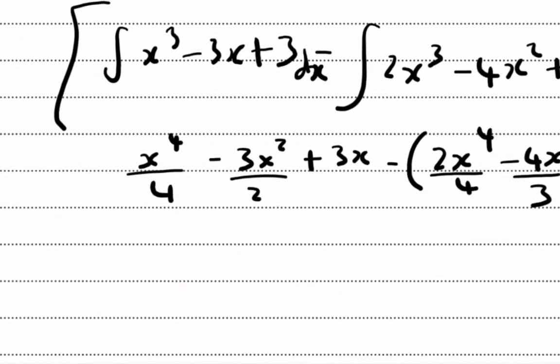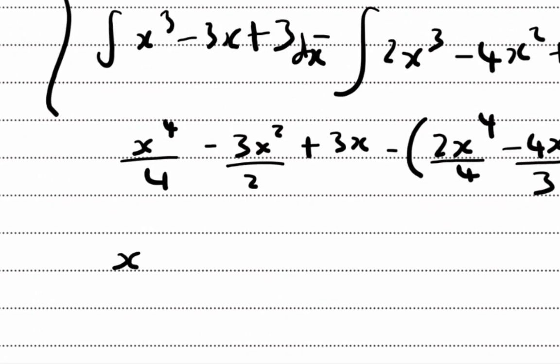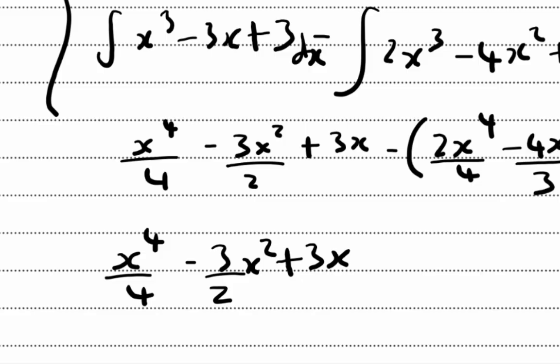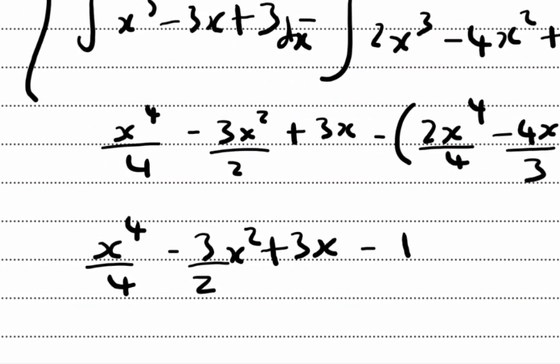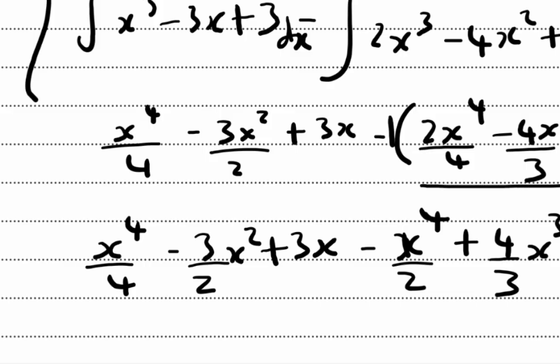Alright, and before we use our limits, let's just simplify this. X to the power 4 over 4 minus 3 over 2x squared plus 3x minus x to the power 4 over 2 plus 4 over 3x to the power 3. I'm now multiplying this by minus 1, and for this now I'm going to apply the 3, 1 limits.